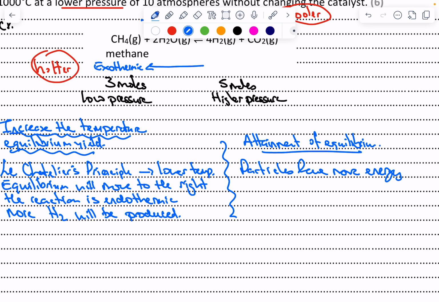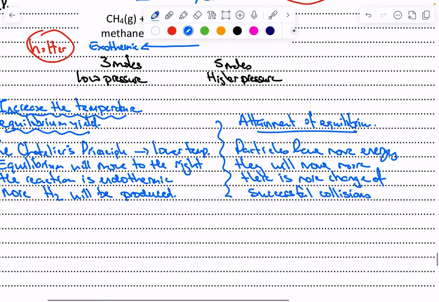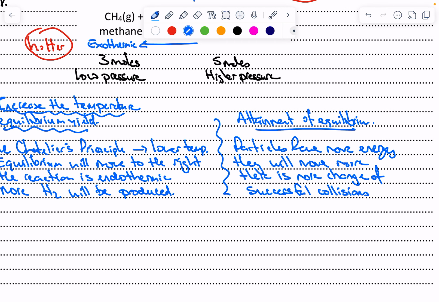If the particles have more energy, they will move more, and therefore there is more chance of successful collisions, and that means the equilibrium will be set up more quickly.